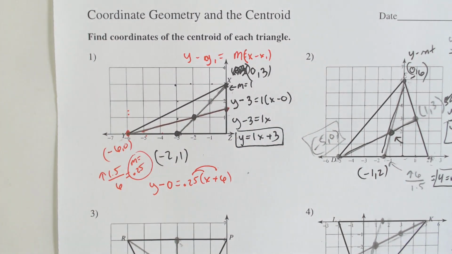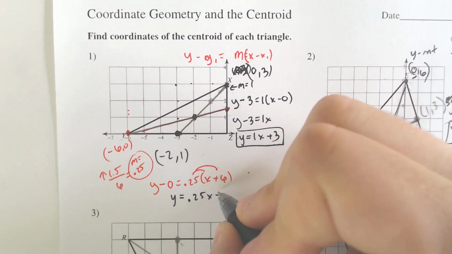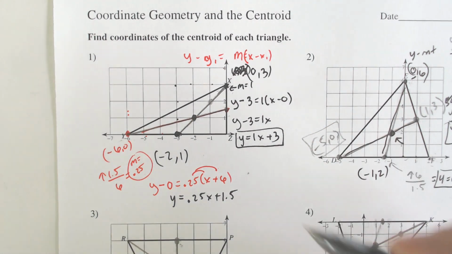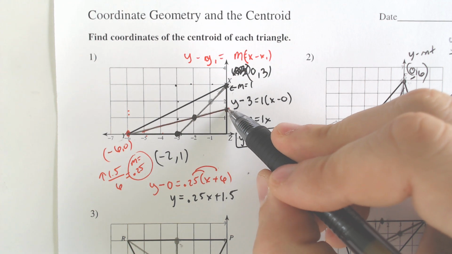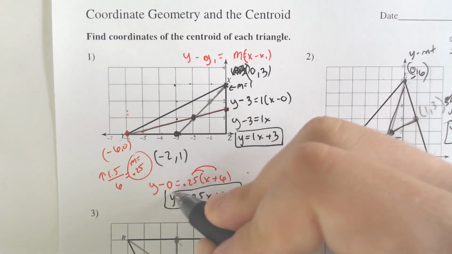Distribute the 0.25 and you get y equals 0.25x plus 1.5, which looks like the y-intercept to me. We already knew the y-intercept was 1.5, so there's our second equation.